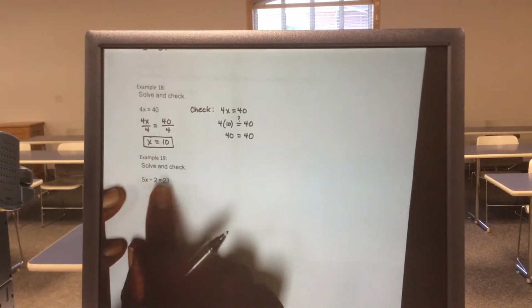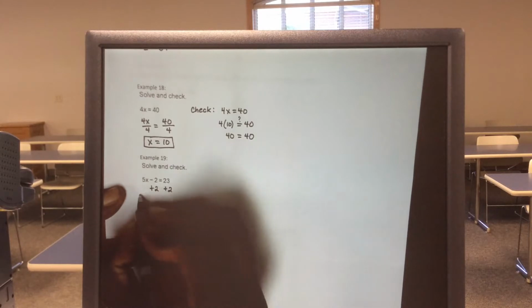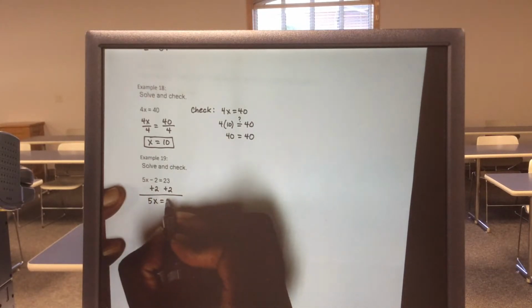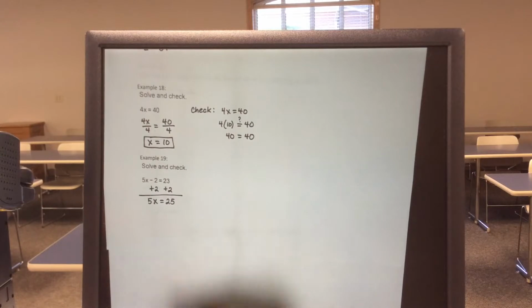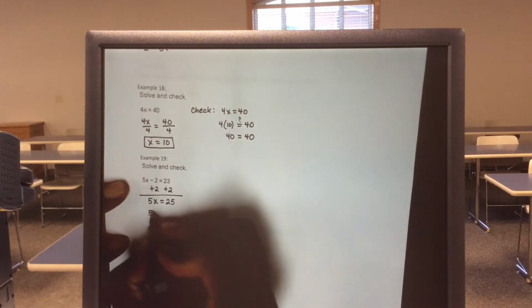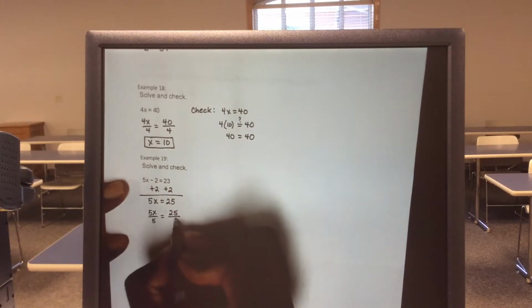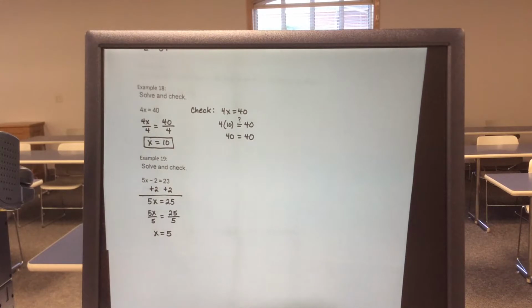I'm subtracting 2, so I need to add 2 to both sides. So now you got 5x is equal to 25. And then to get the x by itself, I'm multiplying it by 5, so I need to divide both sides by 5. So here x is equal to 5.